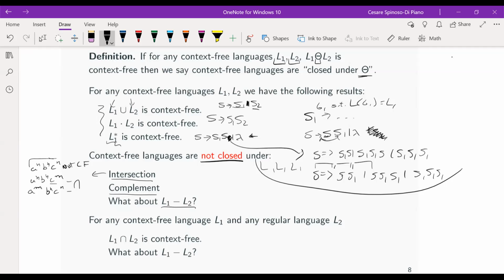Does anyone think so? No, okay, very good. It's no. Why is it no? So that's the right idea.